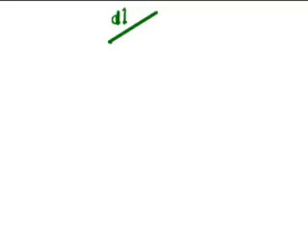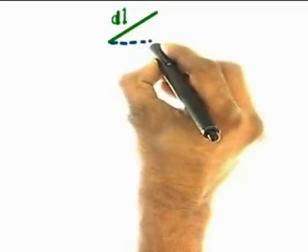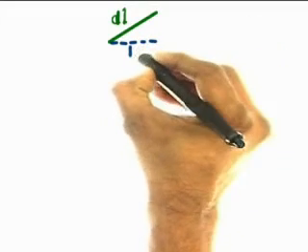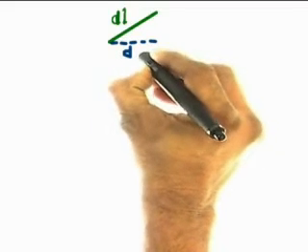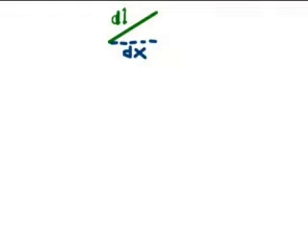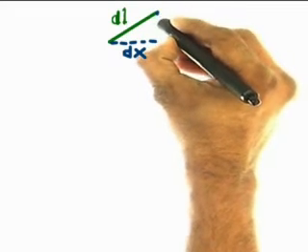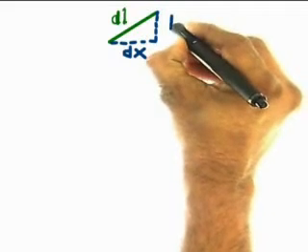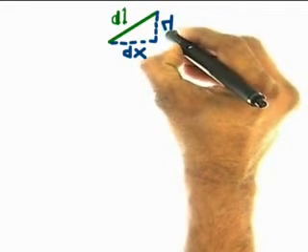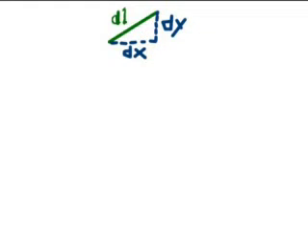If we talk about the x displacement during this traveled length dl, then we can get the shifting in the x direction and shifting in the y direction as dx and dy.